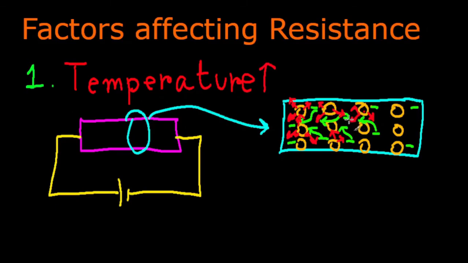As I said in the last video, and you can see here too, the electrons don't just go smoothly from the right to the left. They are going to bump into the ions and change their direction, but eventually they'll reach the left end. If the ions vibrate even more, the electrons are going to bump into them even more. So suppose this electron, since these ions are bumping more, is going to, wait, not that color.